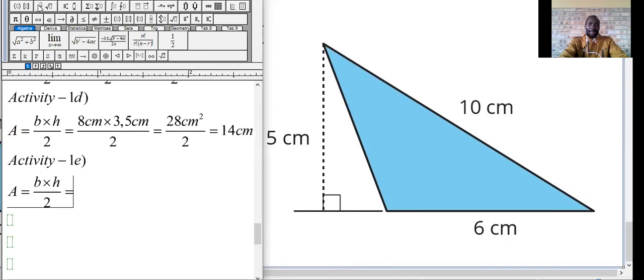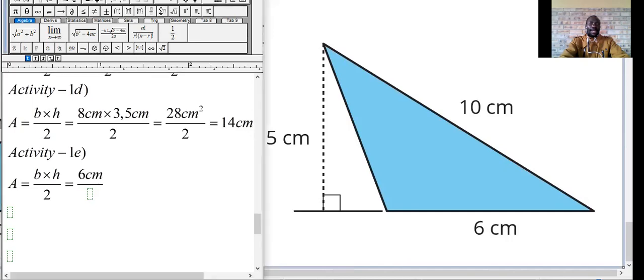Base times height divided by 2 is substituted as 6 centimeters for the base, times the height, which is 5 centimeters.